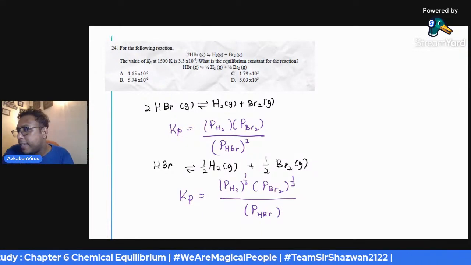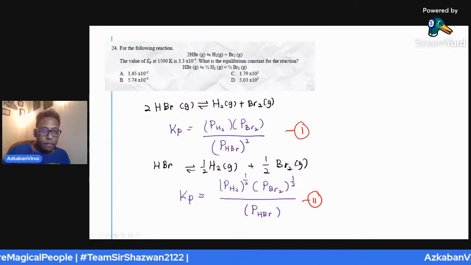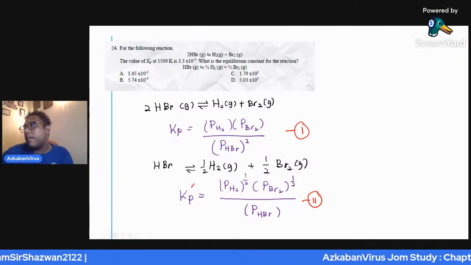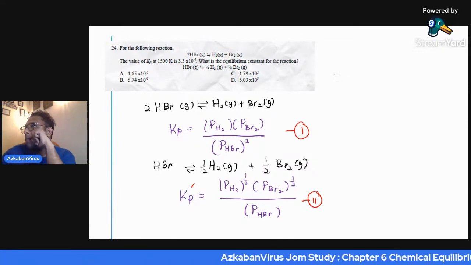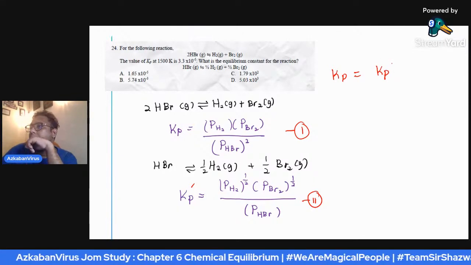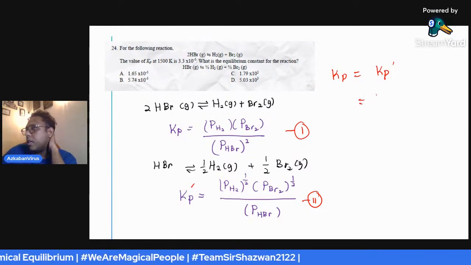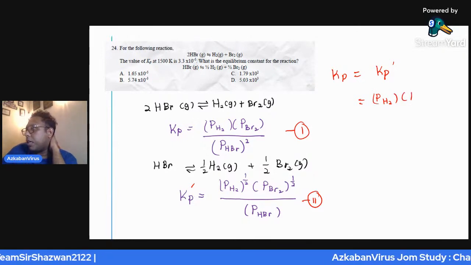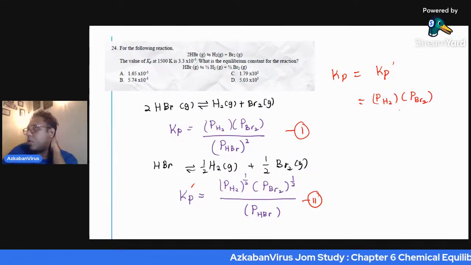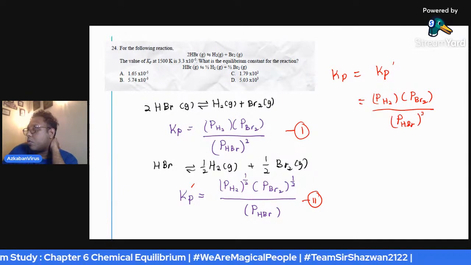You tengok expression 1 dan expression 2. Apa beza dia? Kp prime. Kp is equal to Kp prime. Kalau nak jadi Kp prime tu macam Kp, okay, apa yang berlaku kat situ adalah dia sama dengan PH2 darab dengan PBr2 darab dengan PHBr to the power of 2.